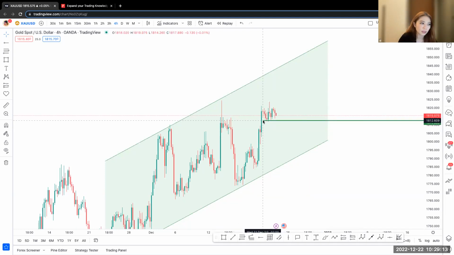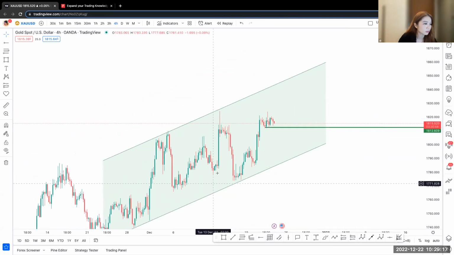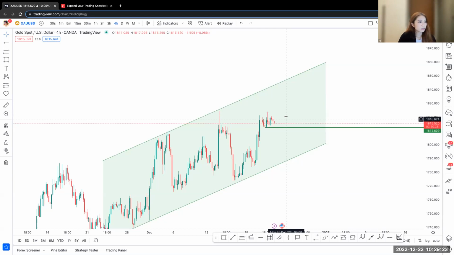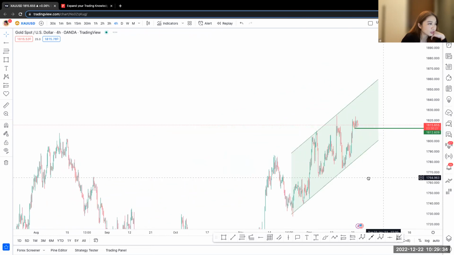I'm still more inclined on upward movement than downward actually. Higher high, so we are looking for higher high. Not the best time to enter. It's right smack in the channel.